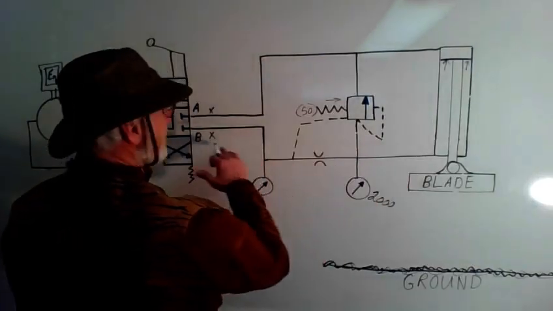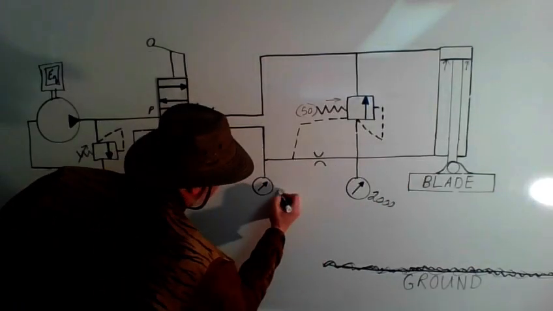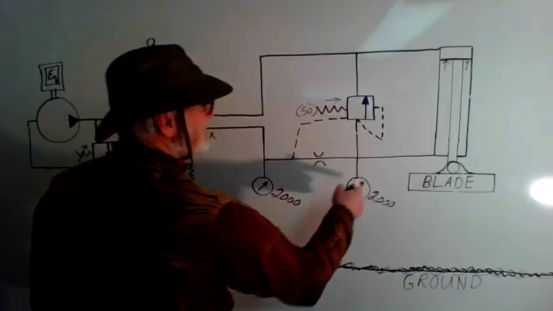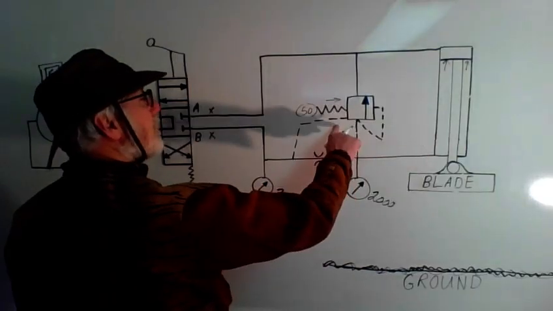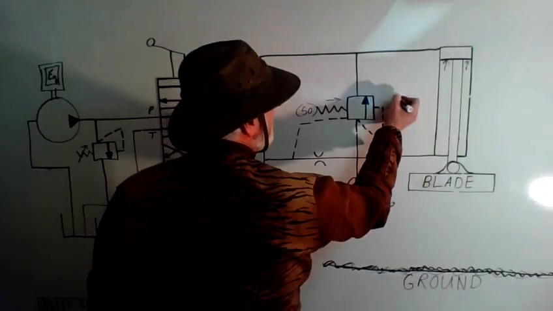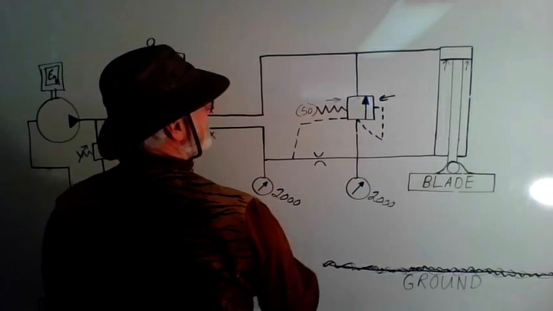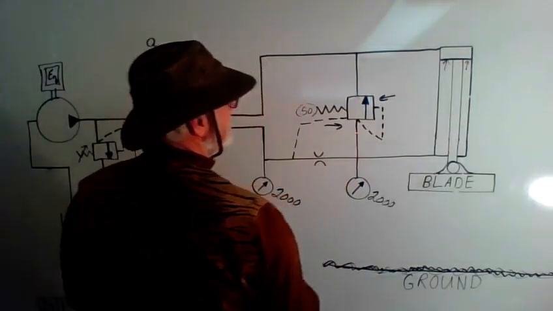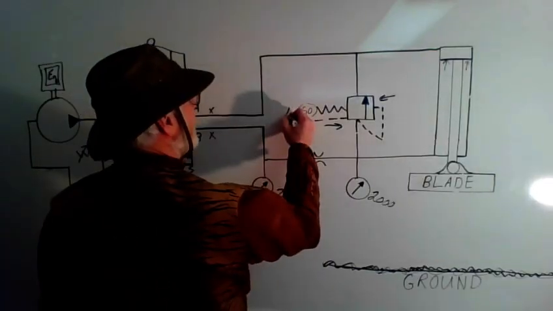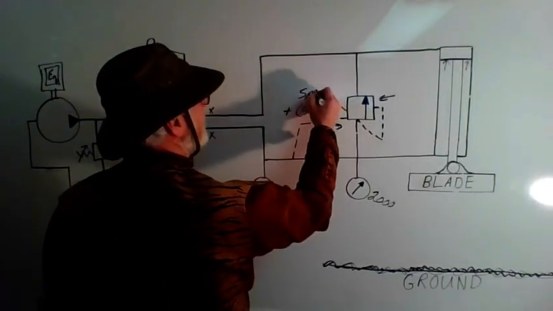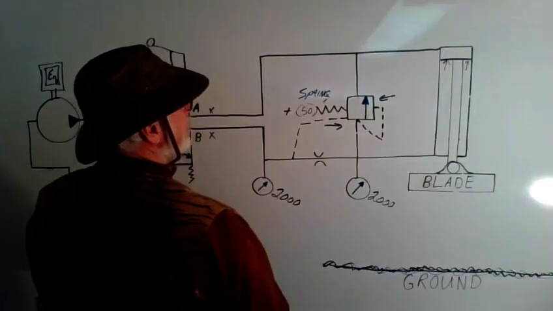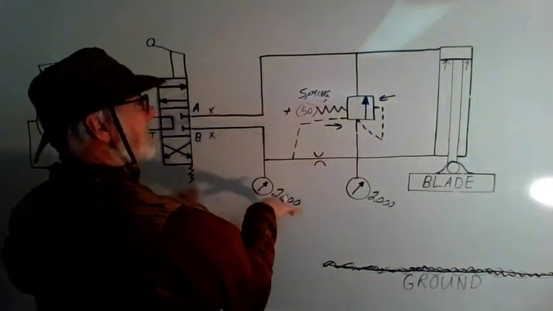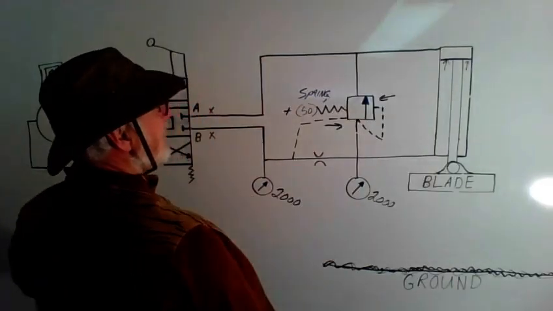So as long as there's no flow here, this pressure will be equal, which means I now have 2000 psi on this side of the orifice as well as that side of the orifice. So what's actually holding this valve closed now is 2000 psi working this way, and I will have the same 2000 psi working this way plus my spring, which really means that I have a force of 2000, and if I put a 50-pound spring on it, 2050 psi.